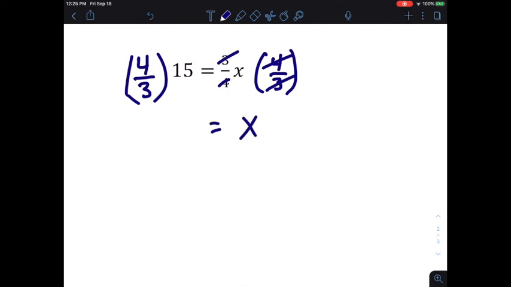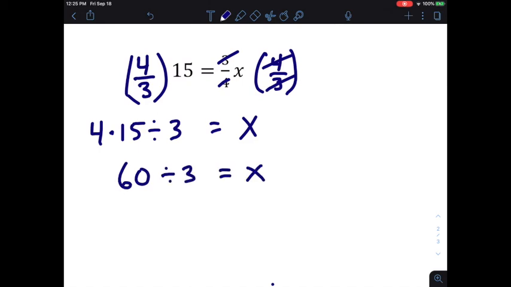And then we have 4 times 15 divided by 3. And if we go from left to right, 4 times 15 is 60. And 60 divided by 3 is 20. So x is equal to 20.